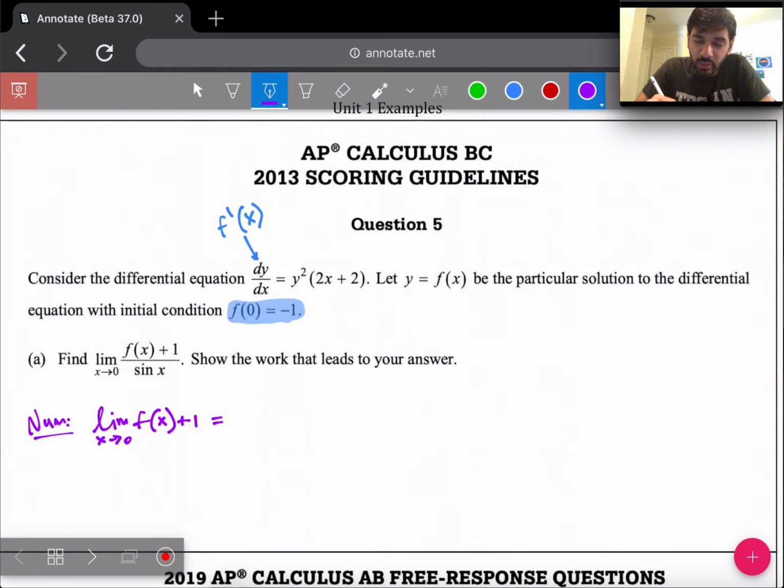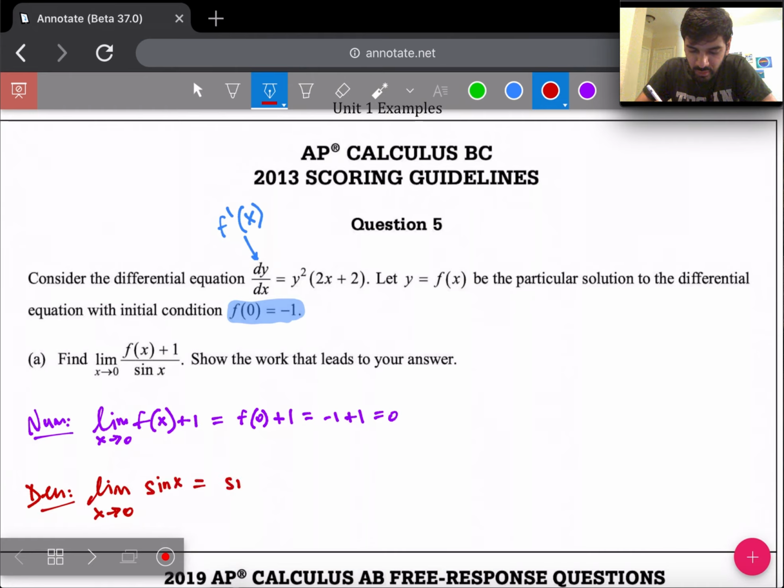So this is equal to f of 0 plus 1, which is equal to negative 1 plus 1, which is equal to 0. Now I have to show the denominator separately. That the limit as x approaches 0 of the denominator sine of x is equal to sine of 0, which is equal to 0. Okay, so once I've shown these two things, now I can use L'Hopital's rule.